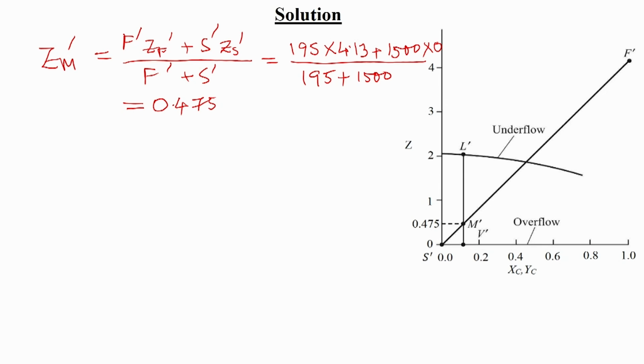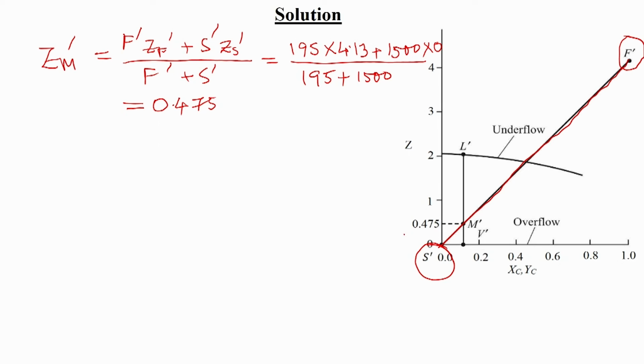So you see, in this case we have now located the feed point, and we have located S prime, which is 0, because it does not contain any target component. Okay. Now again we need to join F prime and S prime as usual.